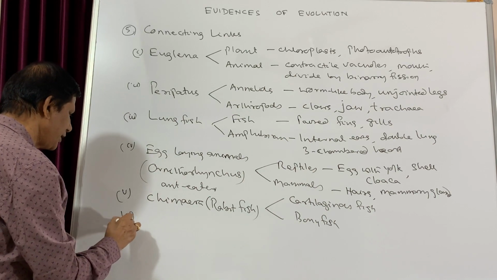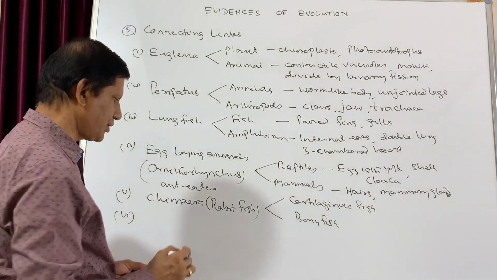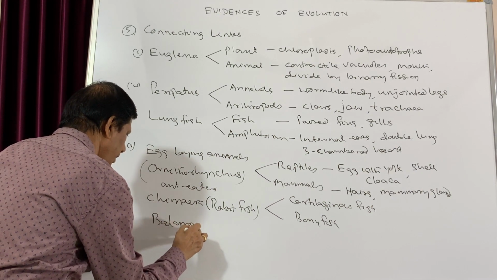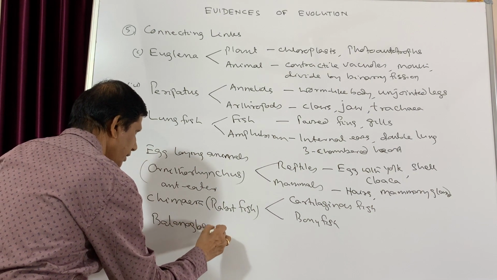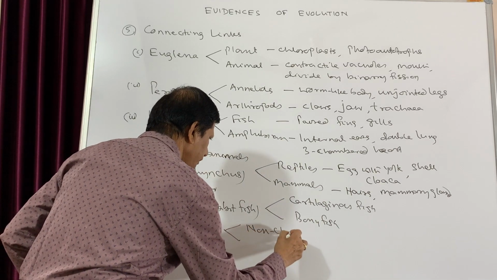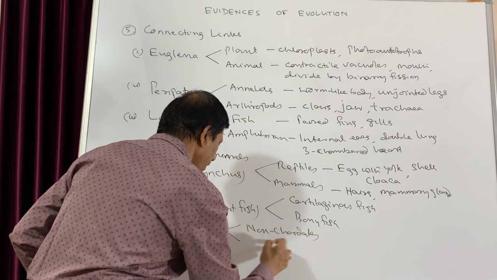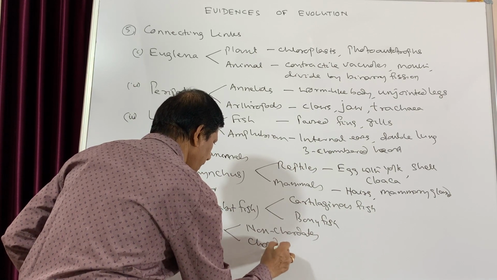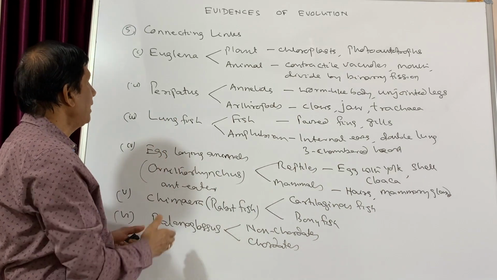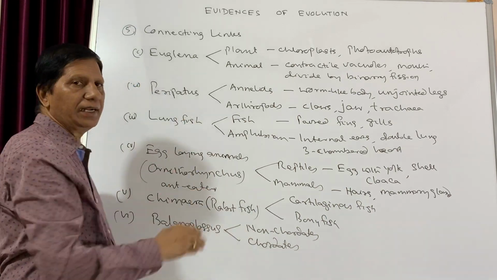Similarly, another example is Balanoglossus, and it has similarity with both non-chordates as well as with chordates. So these are some of the examples for the connecting links.